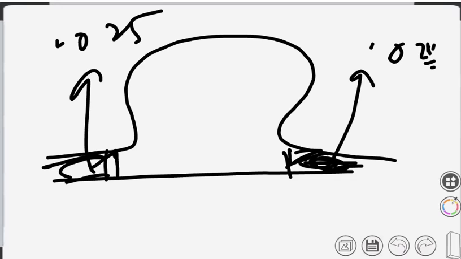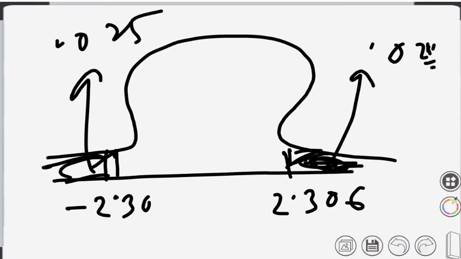So for 8 degrees of freedom, what is the value you are getting? 2.306, and this value is minus 2.306. So this is the critical region, and how much is the value of t that we have calculated? How much have you calculated? 2.35.